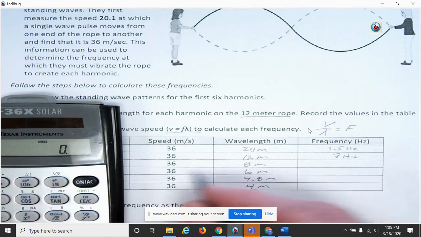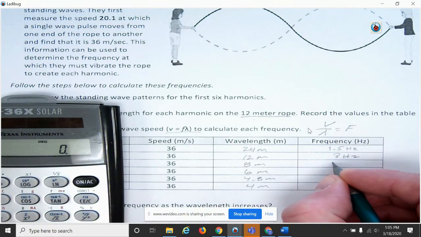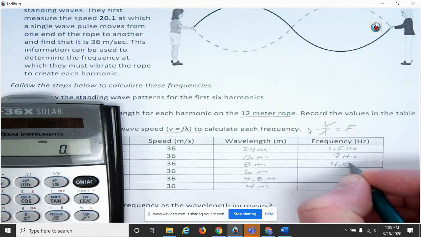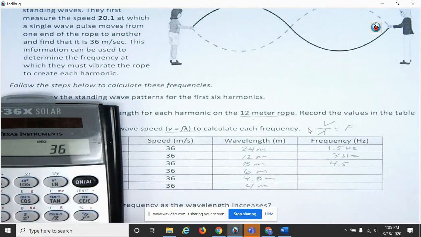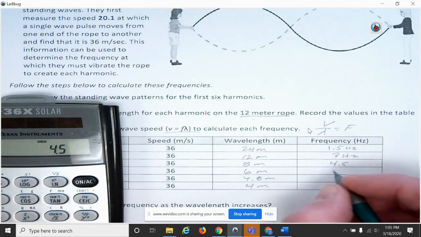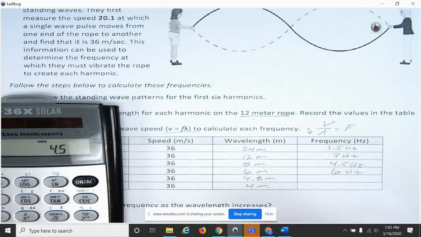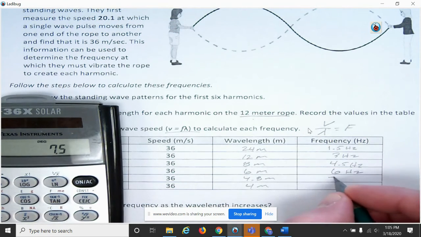36 divided by 8 is 4.5 hertz. Double check that one: 36 divided by 8, 4.5. 36 divided by 6 is 6 hertz. 36 divided by 4.8 is 7.5 hertz.